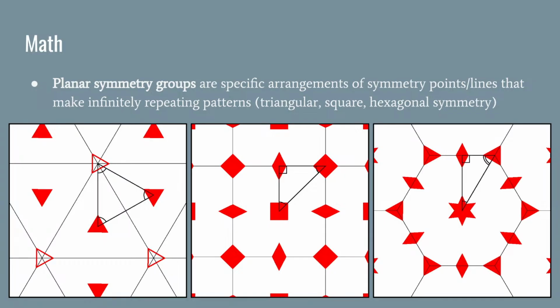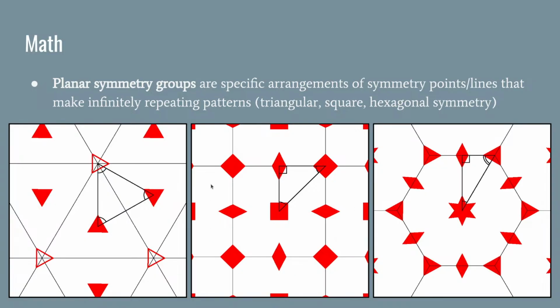So the basic ones that I typically work with are things that repeat like a triangle, where there's triangles pointing up, triangles pointing down, and corners of triangles. Those are the three distinct positions of threefold rotational symmetry.